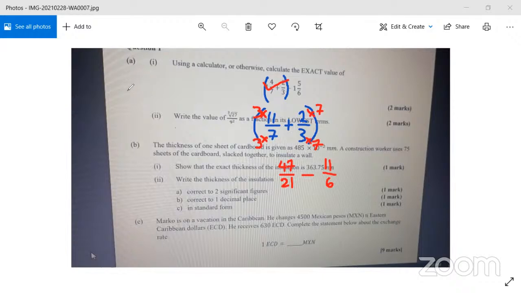All right, so my LCM trick will come into play. You have 6, you have 21. Let's see how we can work with this. So we're going to have, what are we going to have this time around? 2 times 3, 3 times 7.